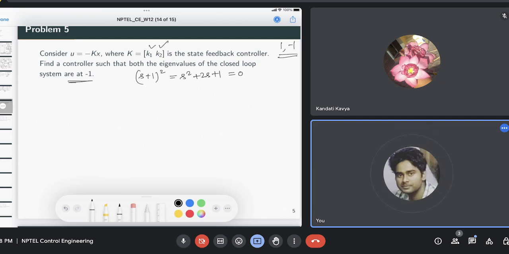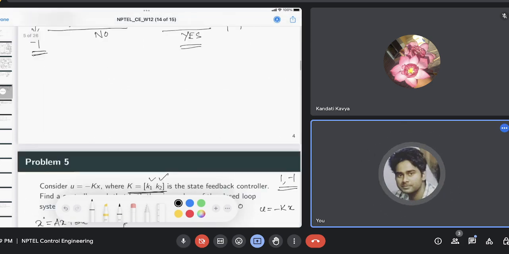Our system was given as x dot equals Ax plus Bu, and we want u to be minus Kx, where K is this matrix. Then it will be A minus BK times x, and our closed loop matrix will be this. Let's denote it A tilde. We compute it by putting in our given data.